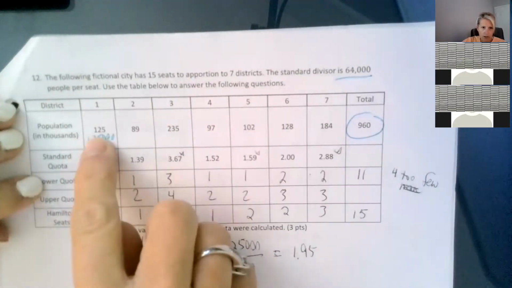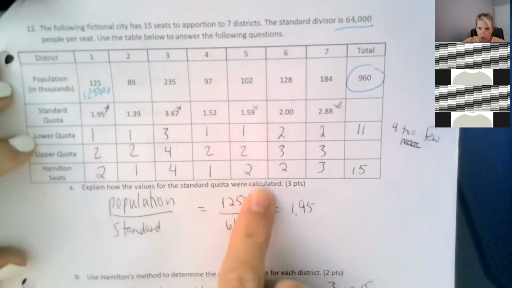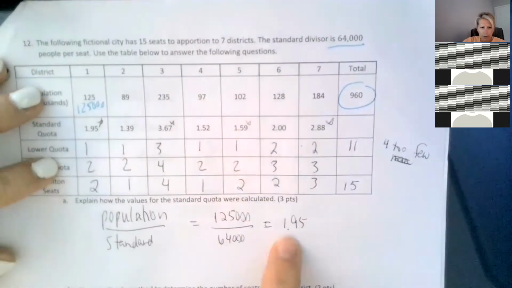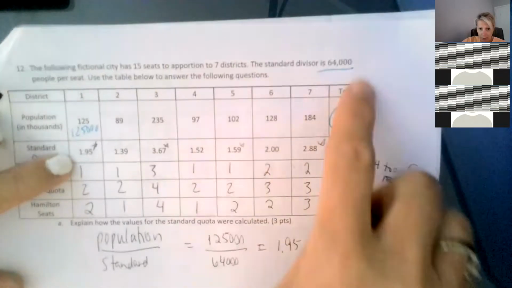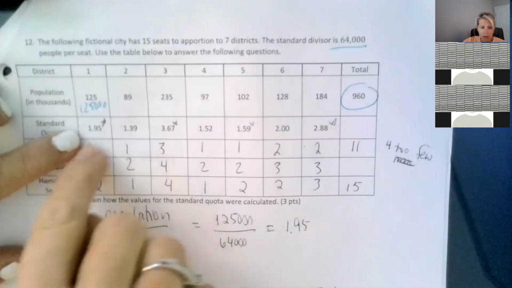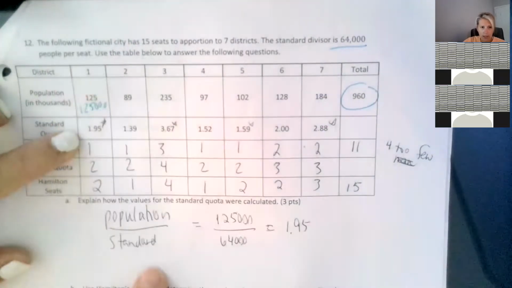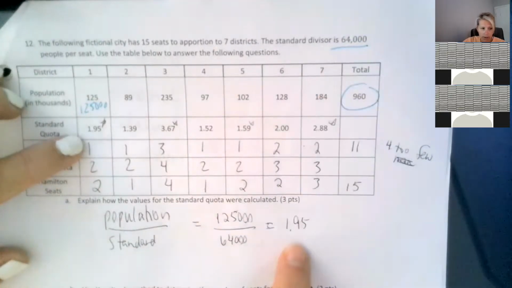District 1 has 125,000 people. Part A said, explain how the values for the standard quota were calculated. I wanted you to explain how we got to 1.95 for district 1, not how I got to 64,000. It's by taking the population of the district and dividing by your standard divisor, 64,000, and I get 1.95.